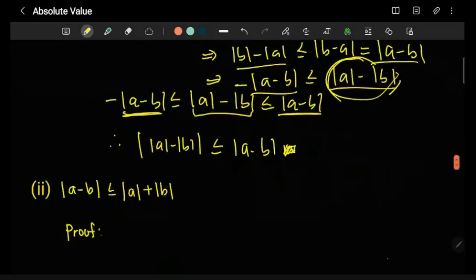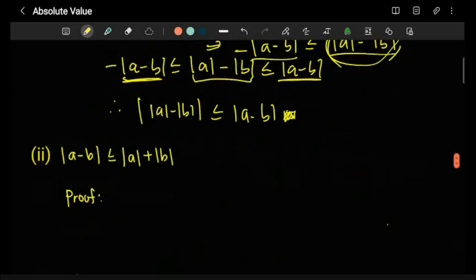Okay, next. The absolute value of A minus B is less than or equal to the absolute value of A plus absolute value of B. Well, this is easy application of triangle inequality.